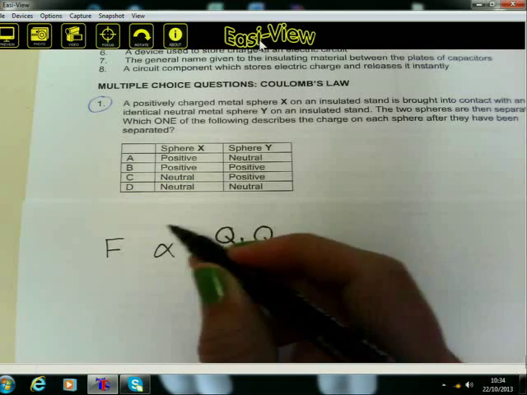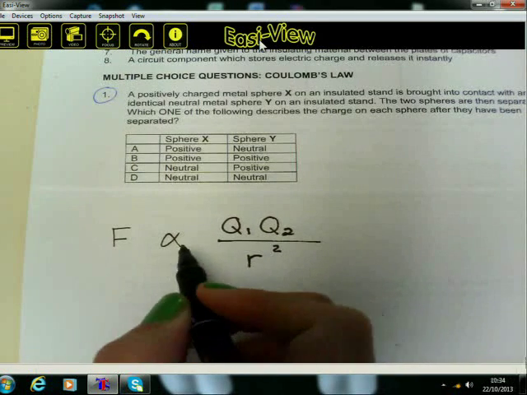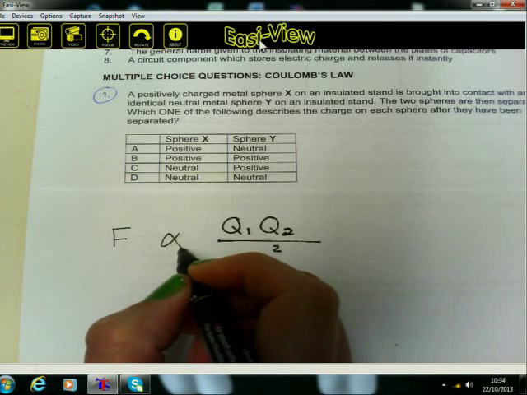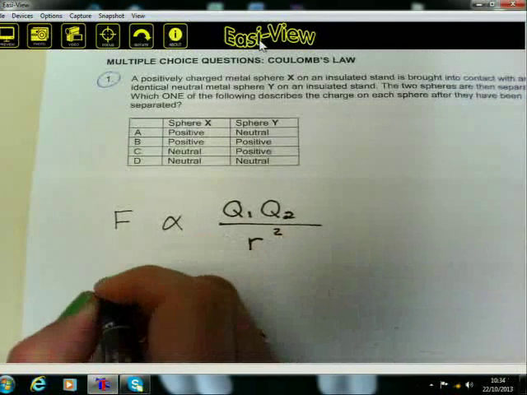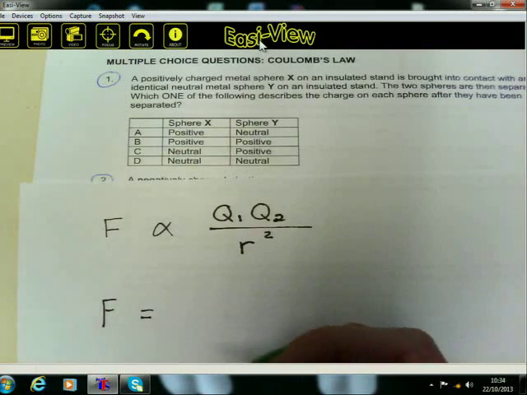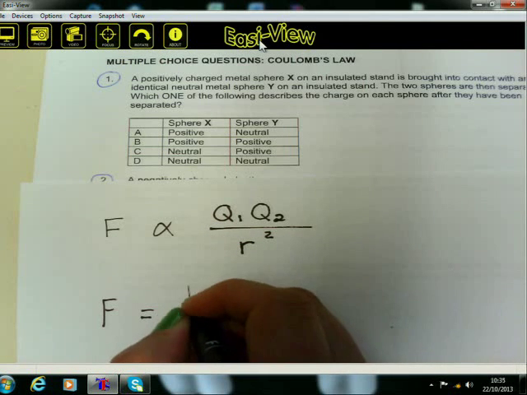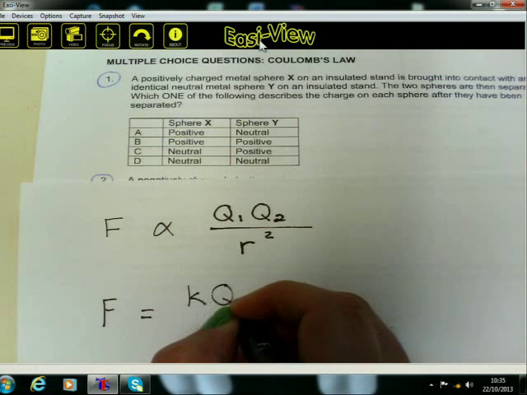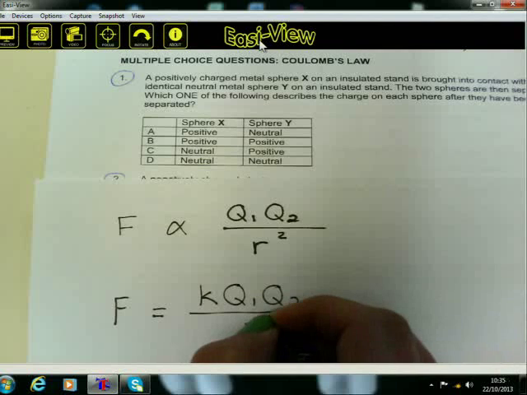So that's where Coulomb's law is coming from. Now, in mathematics, when we want to turn the proportional sign into an equal sign, we have to add a constant on the right hand side. So we put K, Q1, Q2 over r squared.